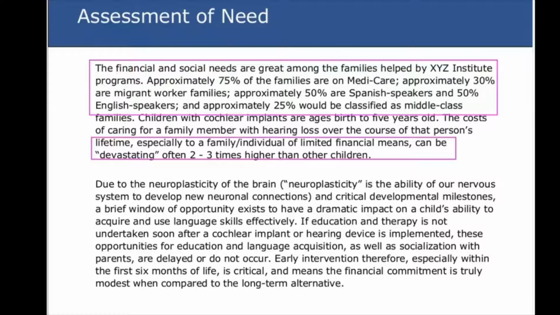Then they talk about what the potential of the intervention is. And that is an early intervention where if this intervention can occur early in the child's life, the difference that it can make for that child and for that family, both financially and from ability to language and so forth, is critical.